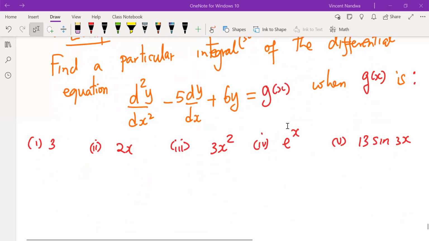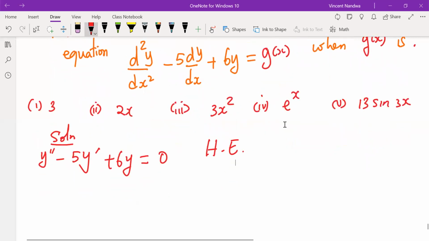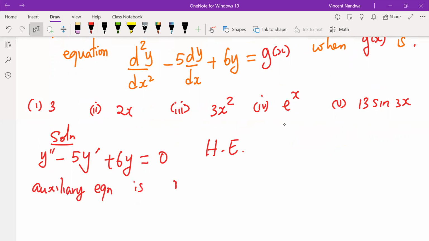Now, the first thing is to get the homogeneous solution. So we'll say y double prime minus 5y prime plus 6y equals 0, this homogeneous equation. From this, it's not hard to see that the auxiliary equation is r squared minus 5r plus 6 equals 0.